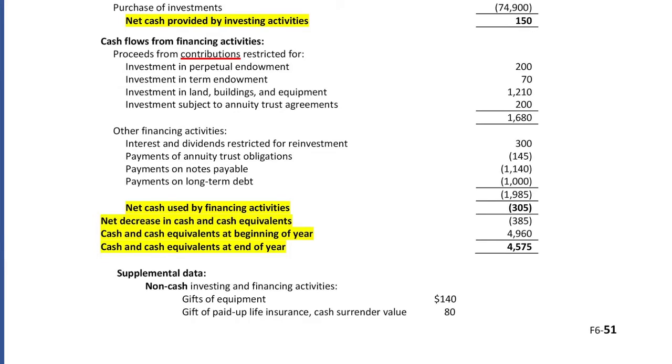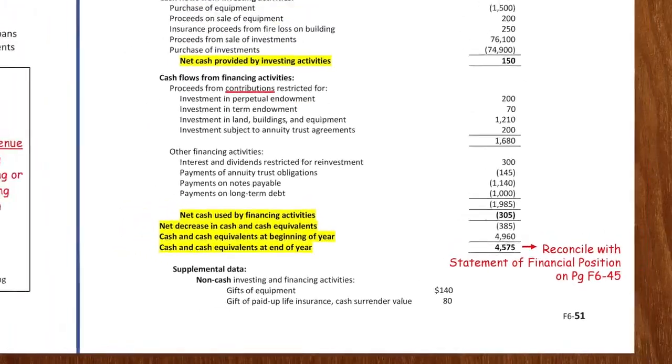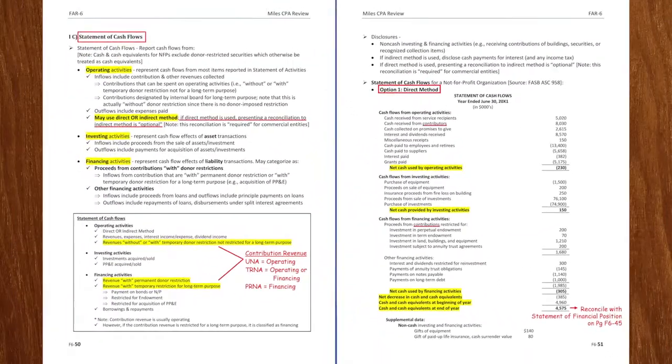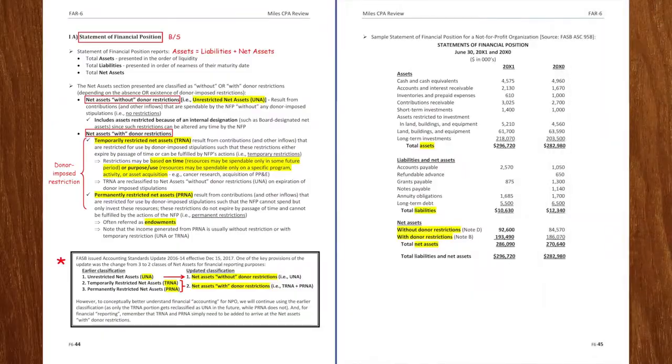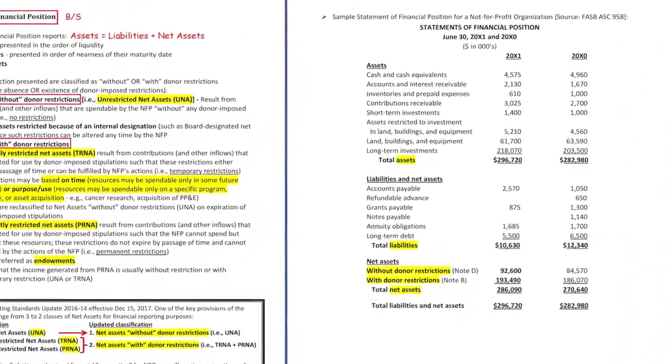Now, the number that you have on this page, 4575, the cash at the end of the year, right? Reconcile with the statement of financial position on page F6-45. Now let's quickly flip back to page 45.